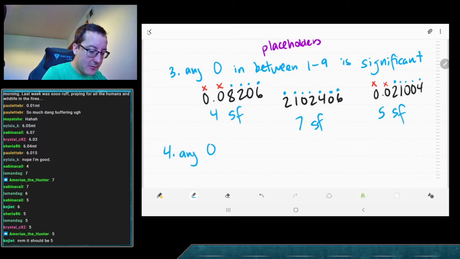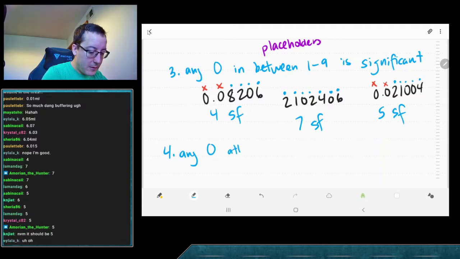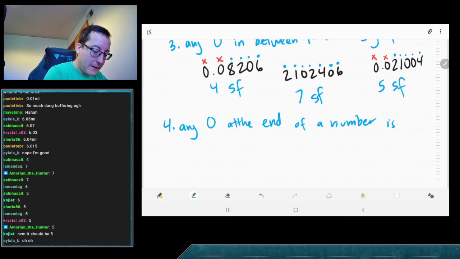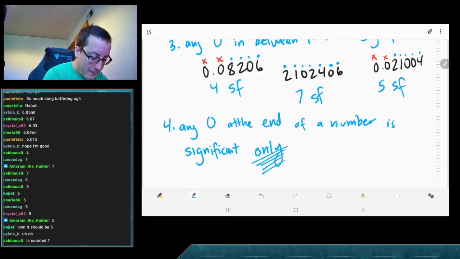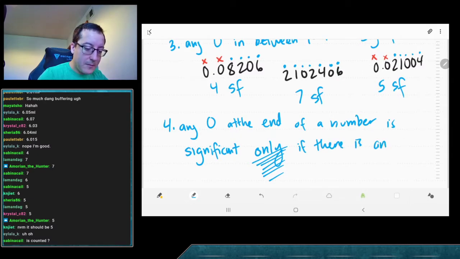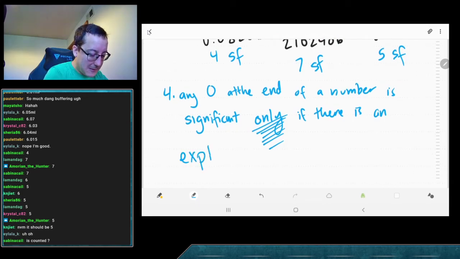Should say any 0 at the end of a number is significant only if there is an explicit decimal anywhere in the number.